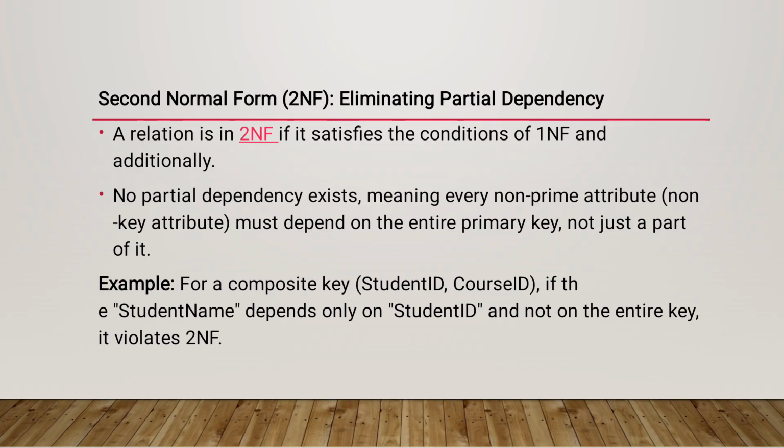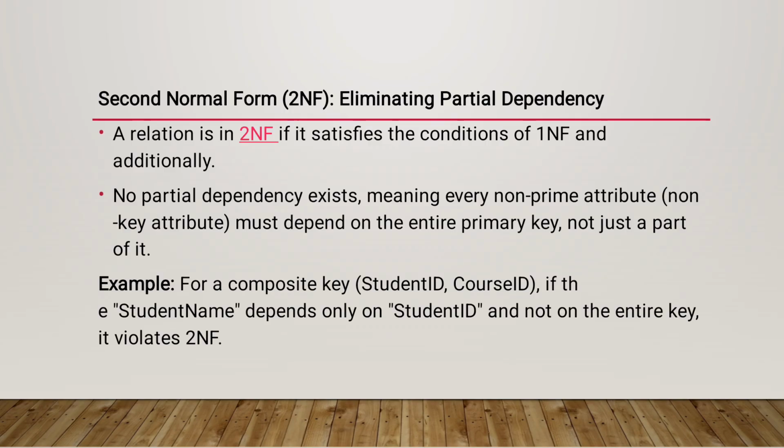Next, second normal form. In the second normal form, it will eliminate the partial dependency. That means to satisfy the second normal form, it follows the conditions of the first normal form, and additionally no partial dependency exists.